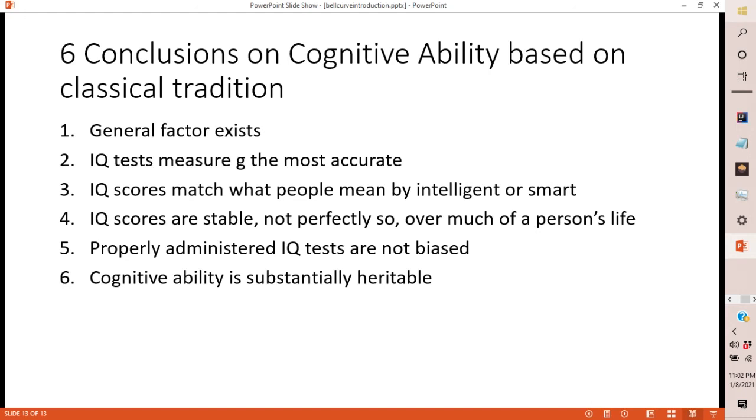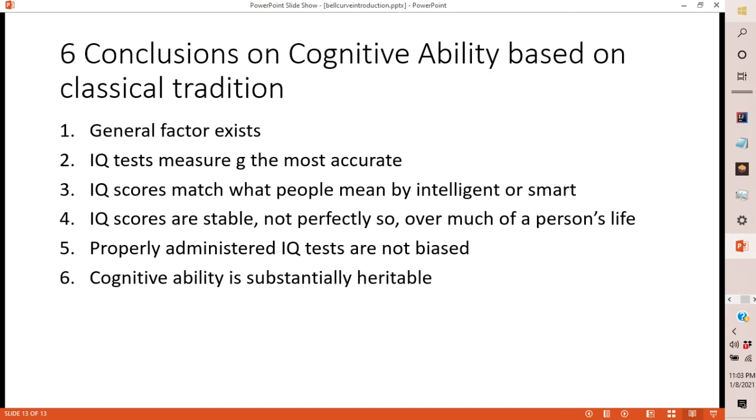Number 2, IQ tests are the thing that measure g the most accurately. Number 3, IQ scores match, to a first degree, whatever it is that people mean when they use the word intelligent or smart in ordinary language.